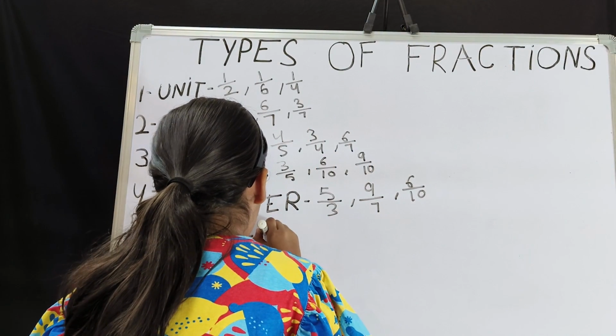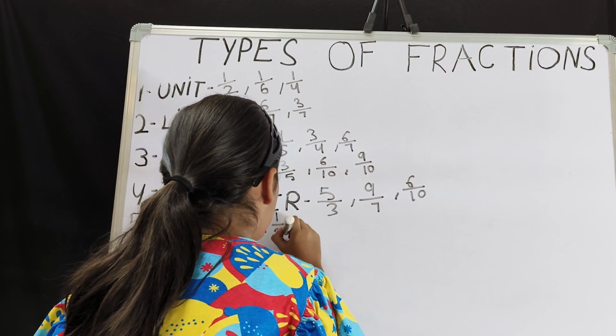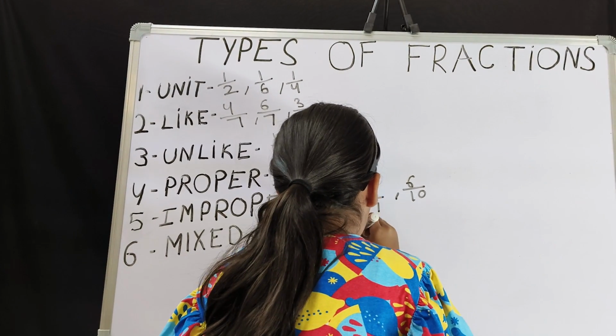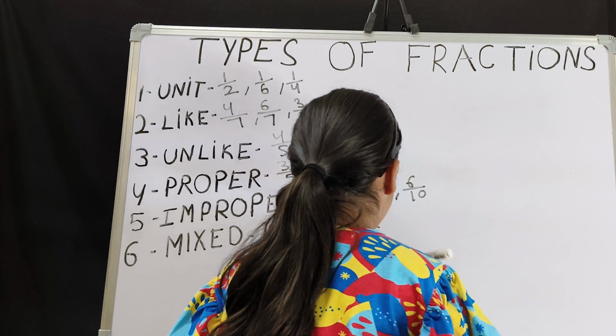Examples are 1 and 1 upon 2, 3 and 1 upon 4, 5 and 1 upon 6, etc.